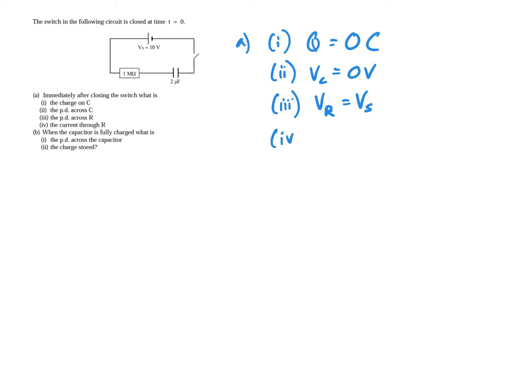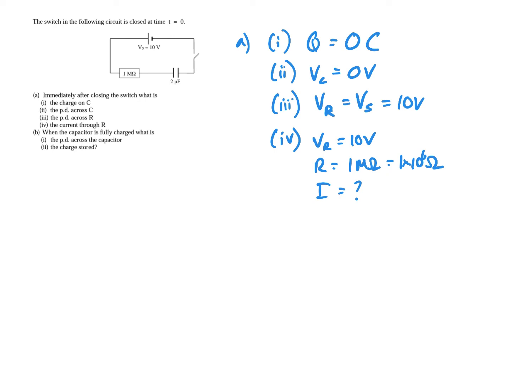and therefore we can calculate using V equals IR. So VR equals 10 volts, R equals 1 megaohm, and we've been asked the current. Remember, anytime we're being asked current, if we're going to use Ohm's law, we've got to be using that with a resistor.